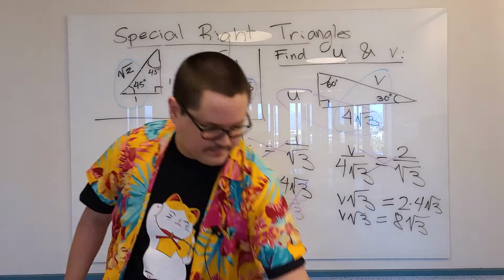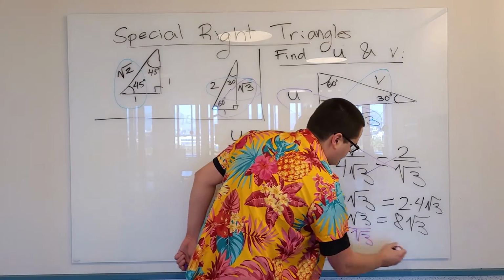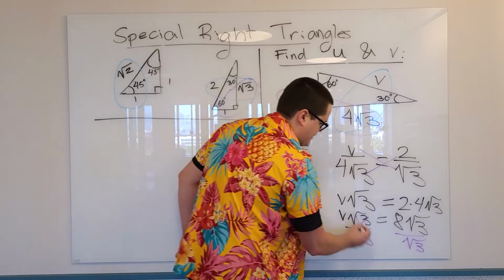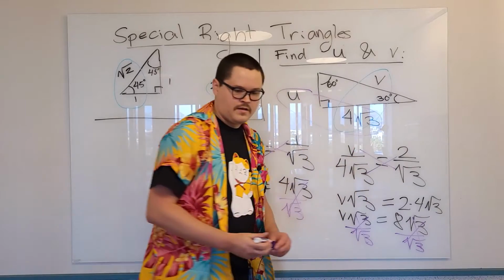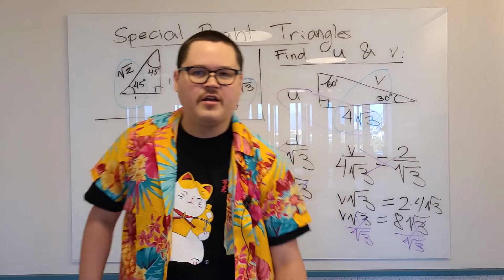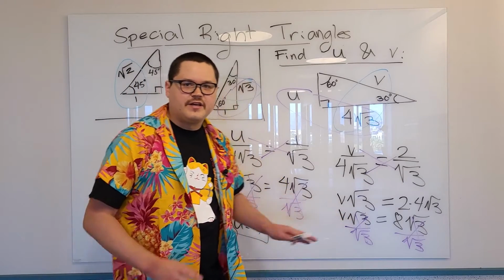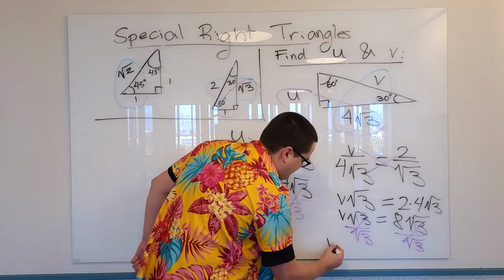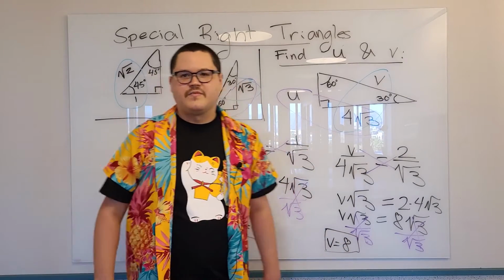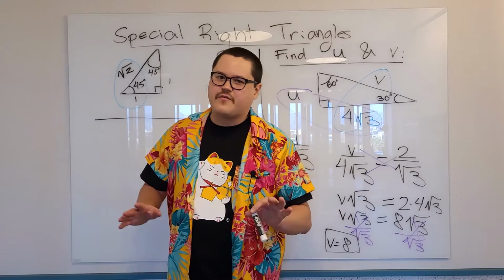Let's divide. Okay, we divide, we get some cancellation, v equals 8. Makes sense? It better. All right, one last step. You already know what it is.